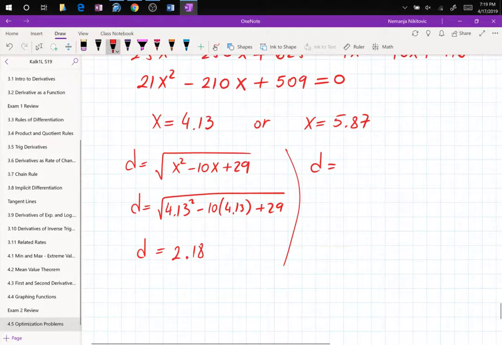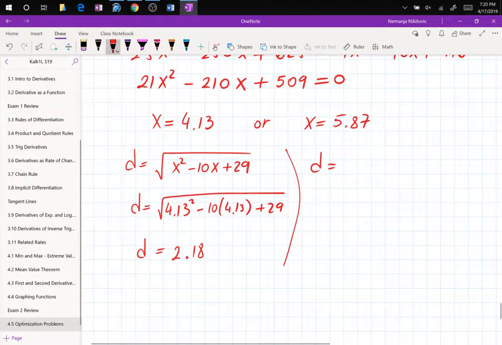5.87 squared minus 58.7 when you multiply by 10, and then plus 29, and then the square root of the answer.